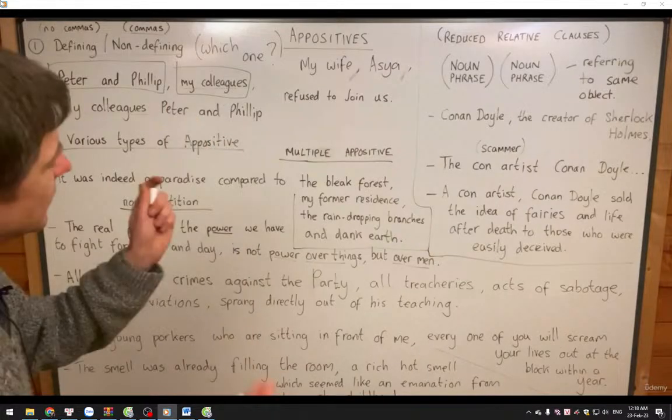So there are three ways, actually, we can punctuate an appositive, and this is going to confuse some people. I always found it quite strange. We could punctuate it like this. We could say, Conan Doyle, the creator of Sherlock Holmes, wrote, allegedly, The Hound of the Baskervilles. Something like that. And that would be a non-defining appositive, because we're not defining which Conan Doyle.